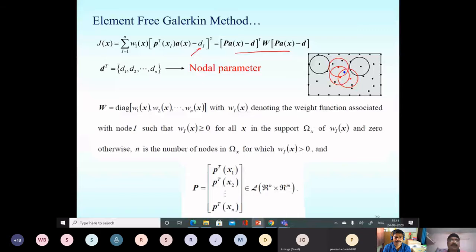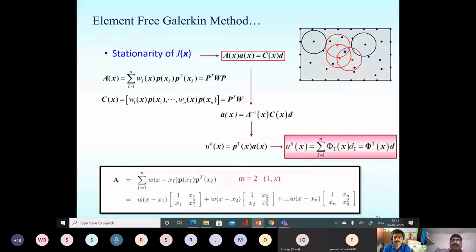Once you do that, you have to do a minimization. In the minimization, you can write everything in matrix form, and if you sit and write it down, you will get a nice form: A inverse C of x into d.